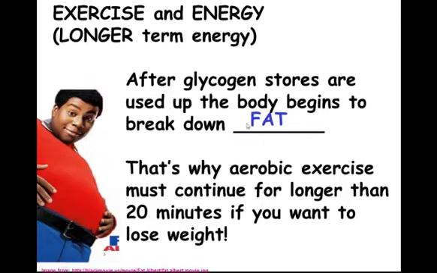That's why, if you're exercising to lose weight, with aerobic exercise you have to go for longer than 20 minutes before you break into your fat reserves. Those first 15-20 minutes you're burning the glucose in your bloodstream and the glycogen in your glycogen bank, and you really don't start burning fat until after about 15-20 minutes of aerobic exercise.